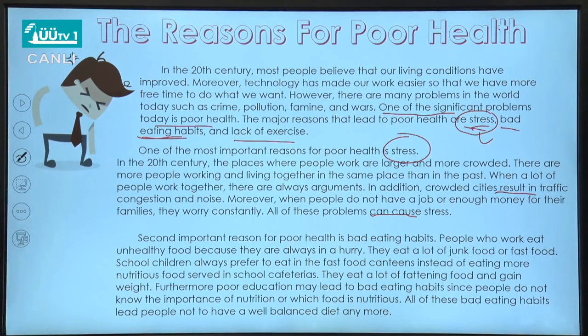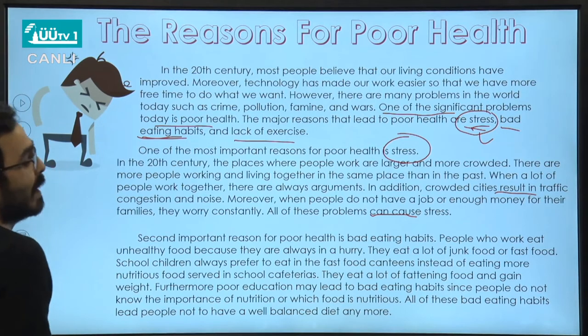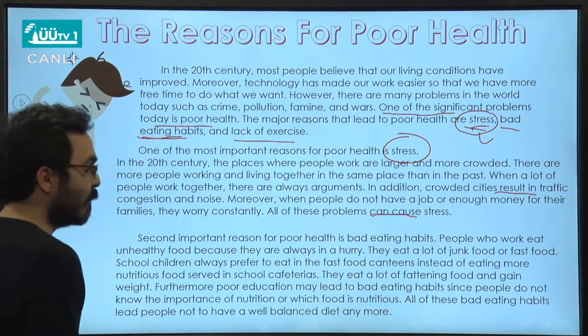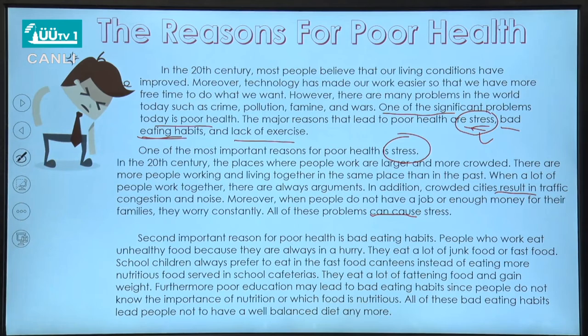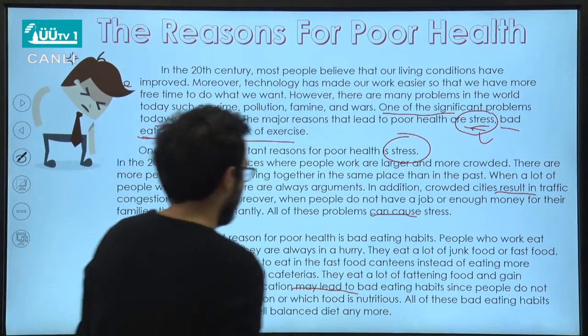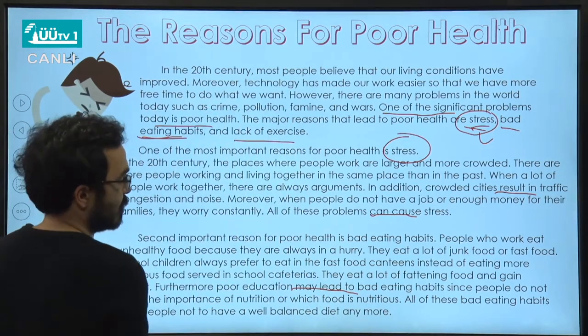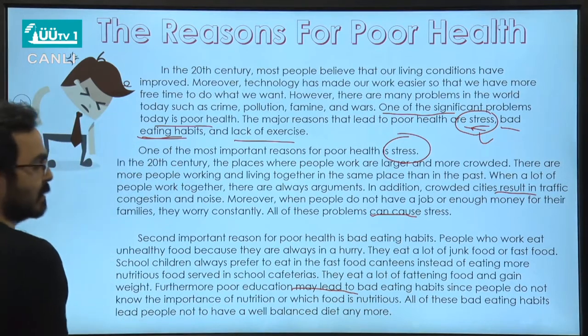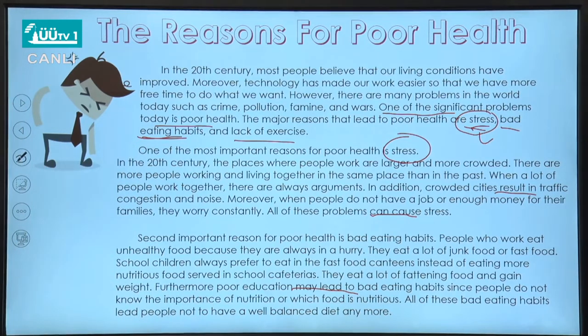They eat a lot of fattening food and gain weight. Furthermore, poor education may lead to bad eating habits since people do not know the importance of nutrition or which food is nutritious, right? Again, we see our connector here, right? May lead to bad eating habits. For poor education, right? This is another example. For example, what do we see?